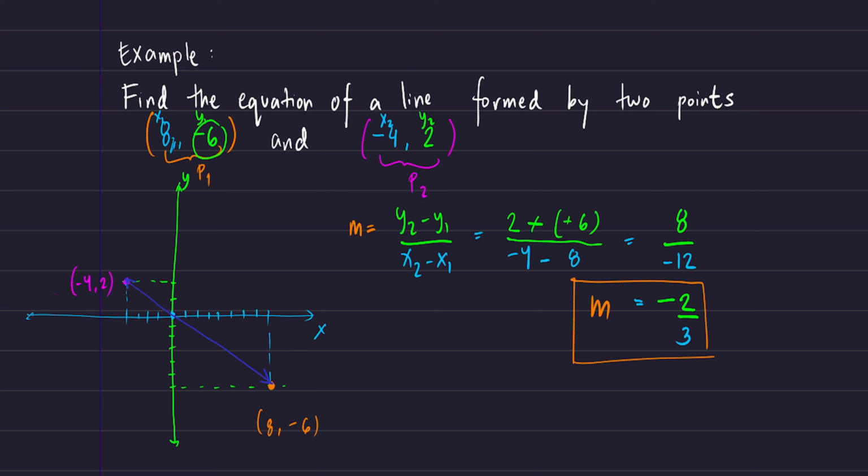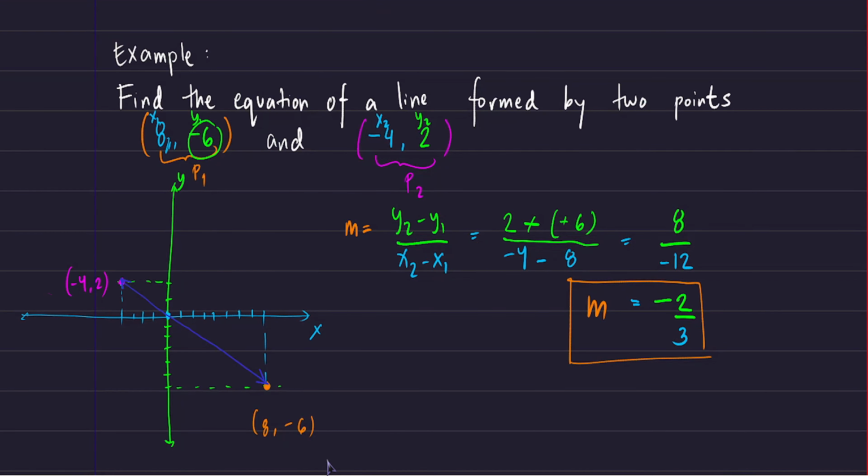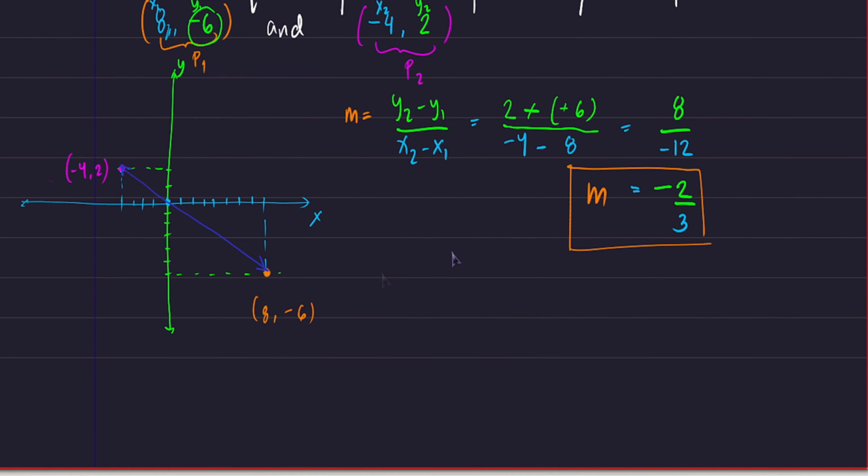Pero hindi pa yan yung equation of a line. Hahanapin pa natin yung equation of a line formed by these 2 points. To find the equation of a line, we will use the point-slope form with our slope equals negative 2 over 3 and ang point 1 natin ay 8, negative 6. So, sulat natin.